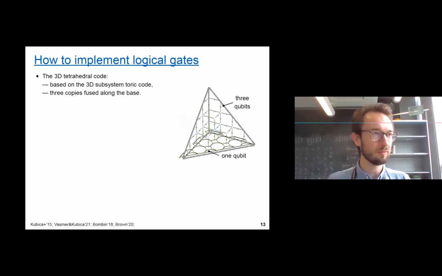So why do you put 3 qubits, 1 qubit? Okay. The details of this are in Joseph Ivenson's thesis. What he's saying is on the base, at each of these locations, there's 1 physical qubit, and then in the bulk up here, each of these locations has 3 physical qubits, and this is from the 3 copies. People are probably familiar with this 2D folding thing.